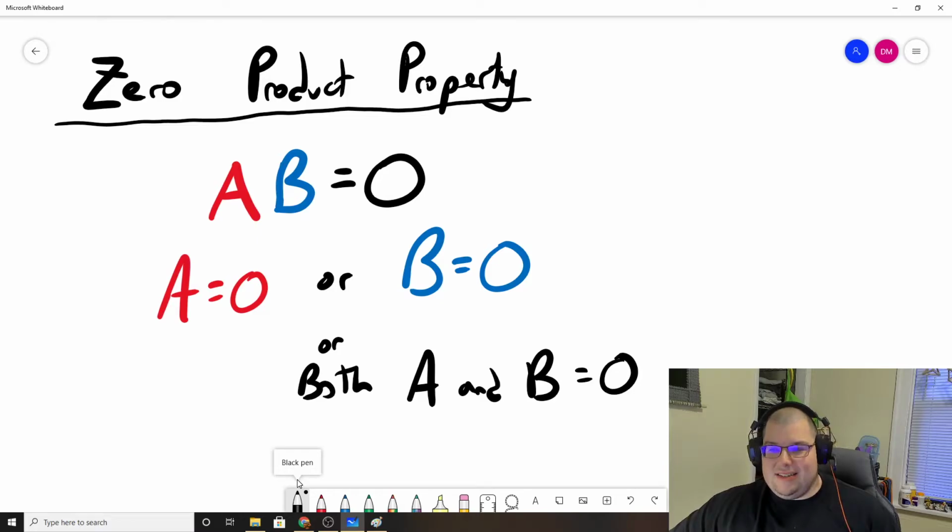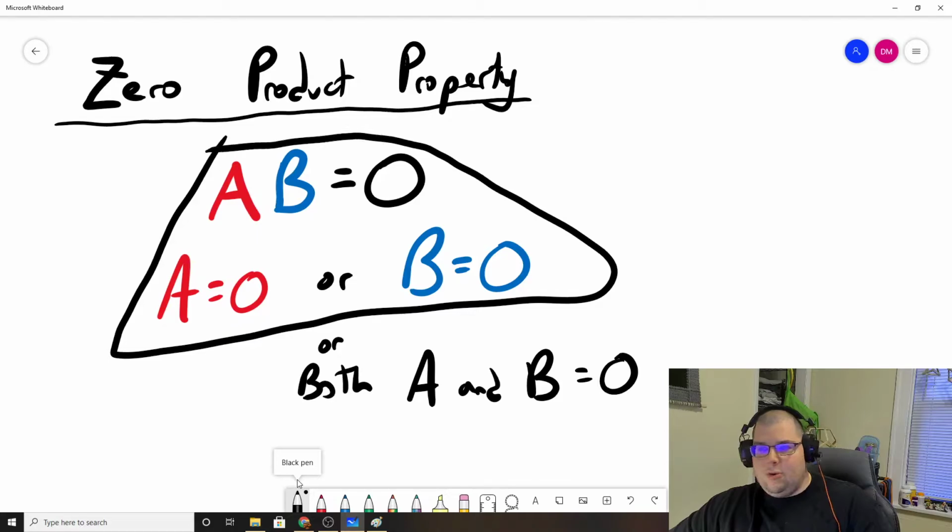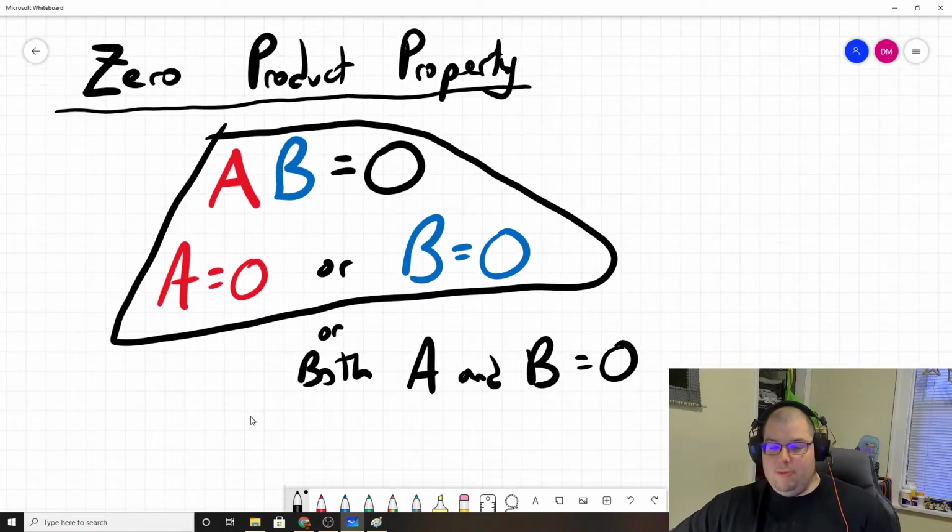And it's this idea, this whole thing really, that we use when we've factored a polynomial.